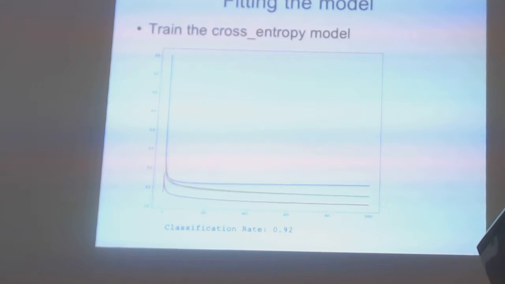This is the cross entropy model that I just got on the training data, which gives me 92%. So a couple of questions here.